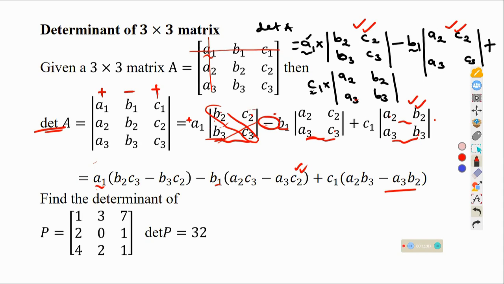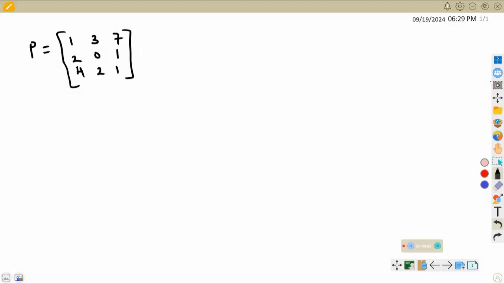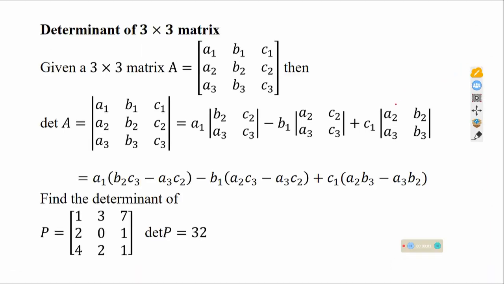So let us look at some examples to understand how best we can deal with the determinant of a 3 by 3 matrix. We want to determine the determinant of P, which is given as this matrix here. So we need to find the determinant of this P using the same technique that we have talked about here.